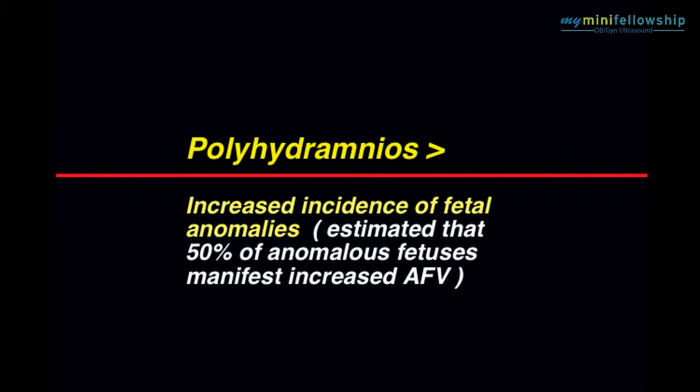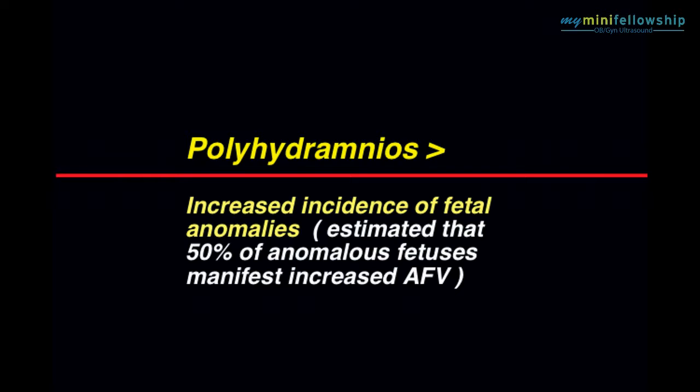Now, here's the real carrot. It's been estimated that half of all anomalous fetuses would manifest increased amniotic fluid volume if all anomalous fetuses proceeded through pregnancies without interventions of any kind. Wow. We're always looking for reasons to find cases of anomalous fetuses. States like California spend millions of dollars a year trying to find fetuses with myelomeningoceles.